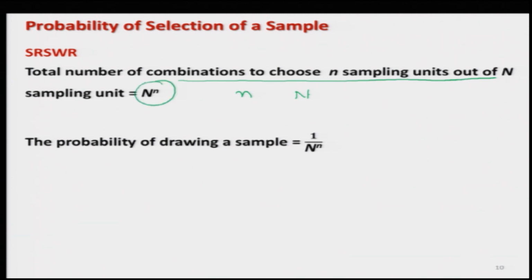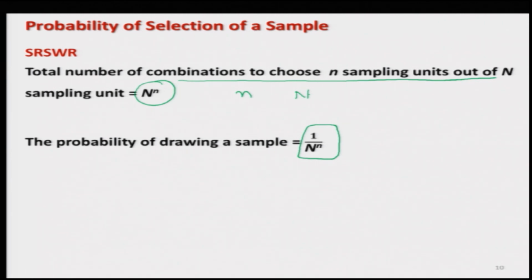So obviously all the samples are equally probable. So choosing one sample out of N raised to the power of n probable points, it is simply 1 upon capital N raised to the power of small n.